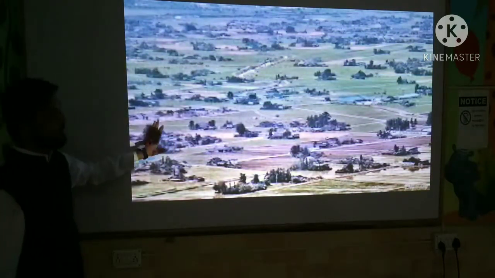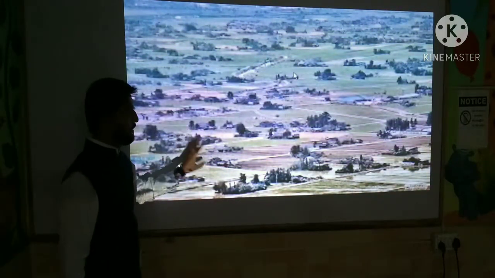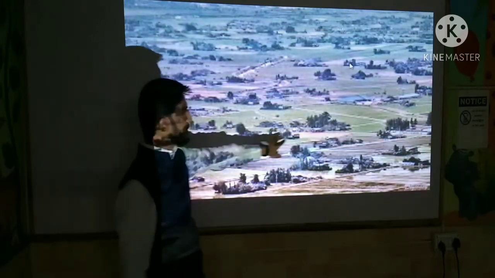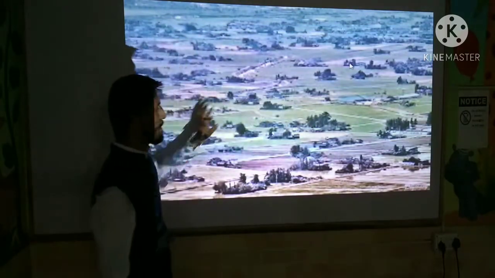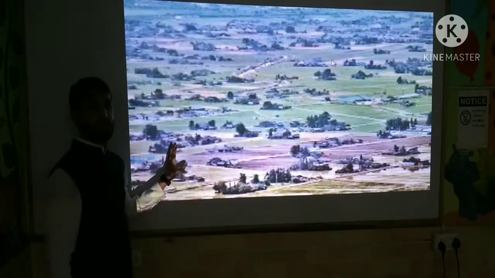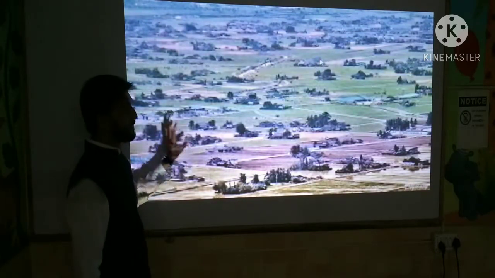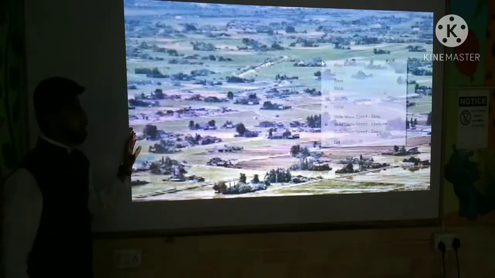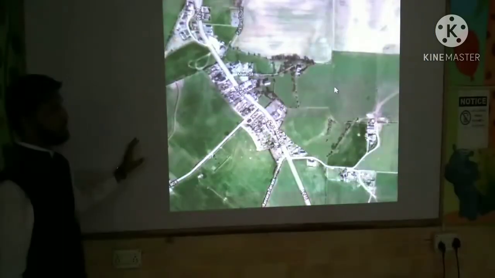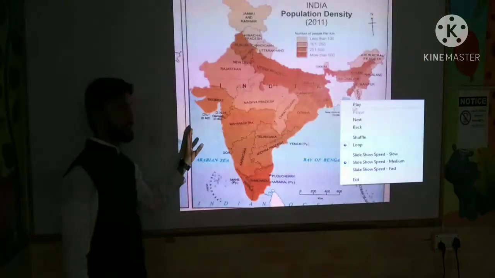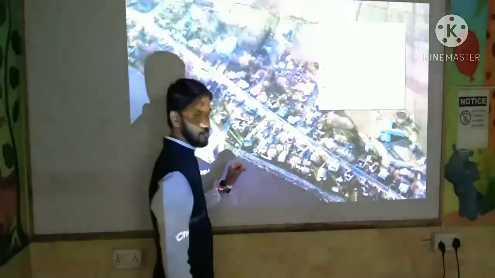Students, mostly in the villages we see houses at different places. This is a dispersed settlement. So students, there are three types of settlements.